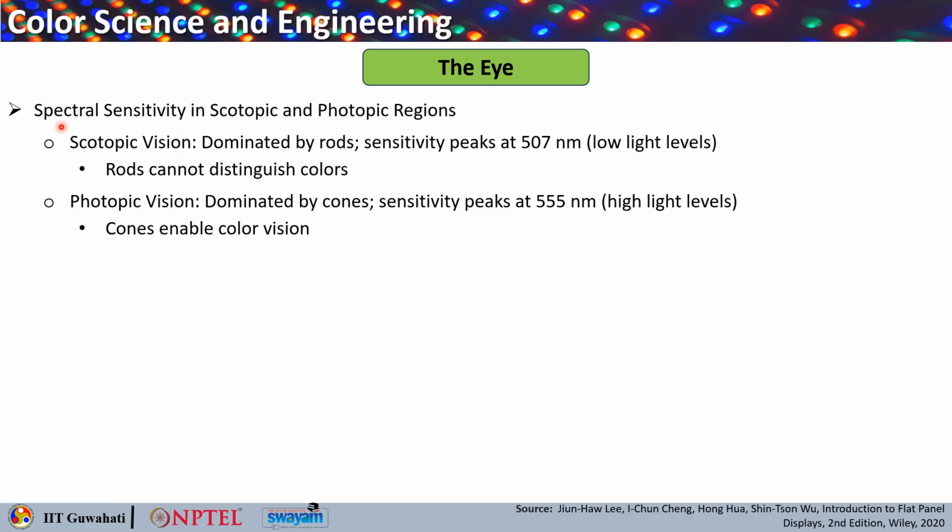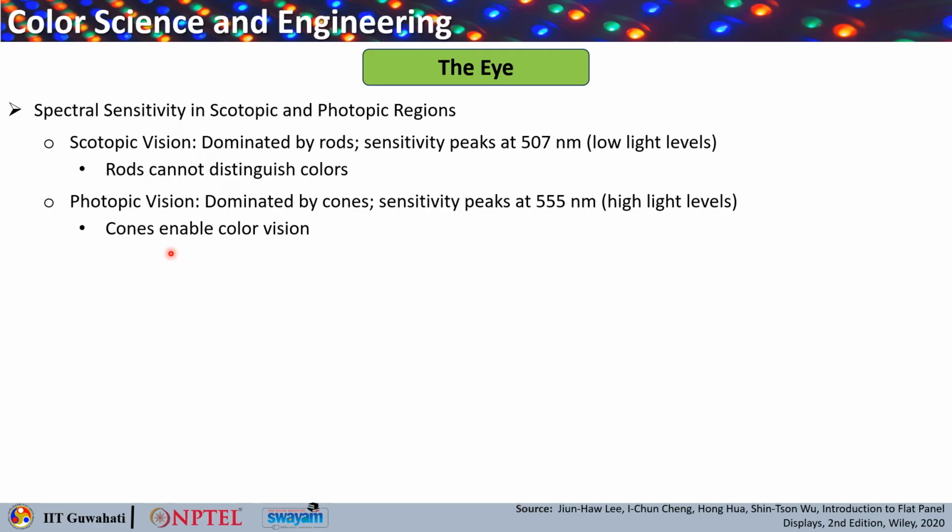Let us understand the spectral sensitivity in the scotopic and photopic regions. The scotopic vision is mainly dominated by the rods, where the sensitivity peaks at around 507 nanometers, at low light levels, and it is understood that the rods cannot distinguish colors.